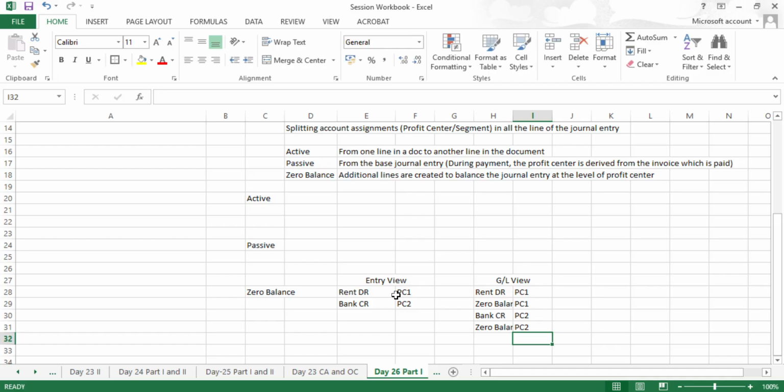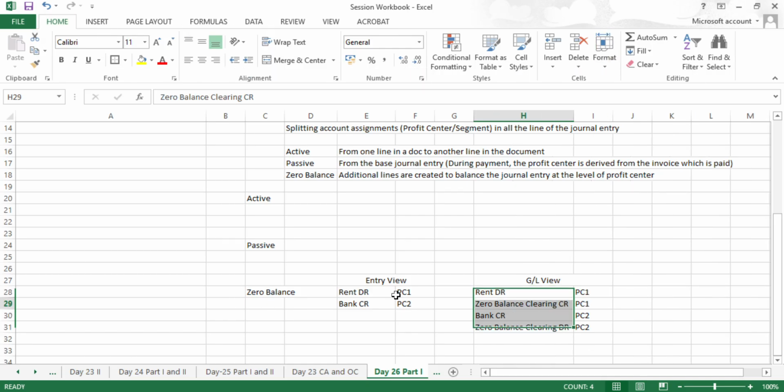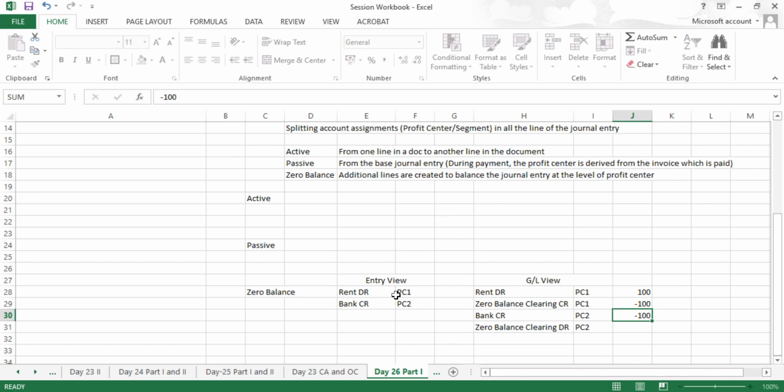In this way, when you check the PC1, profit center 1, debit 100 and credit 100 will be 0 at the level of PC1. Similarly, when you see the report for PC2, minus 100 and plus 100, at the level of PC2 also the balance is 0 in this particular journal entry.